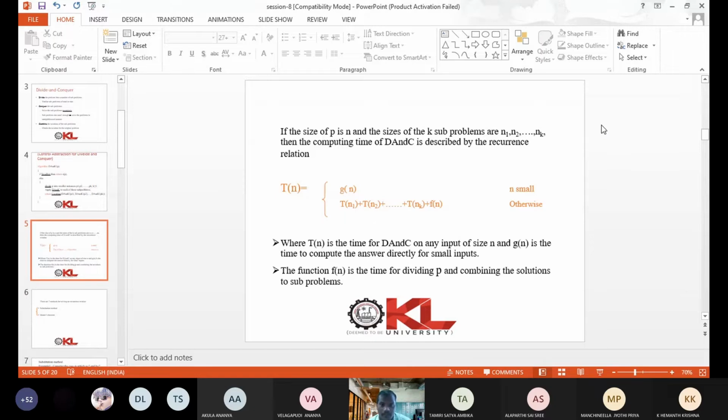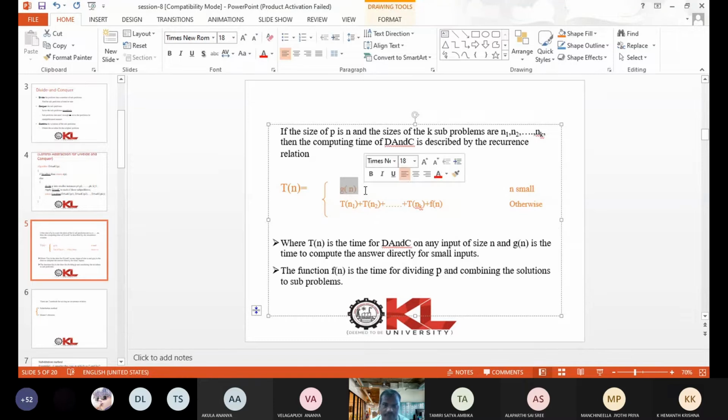When the problem is small, the time taken by the divide and conquer algorithm is g of n. Otherwise, how much time will it take? Because we are dividing the given problem into k subproblems.